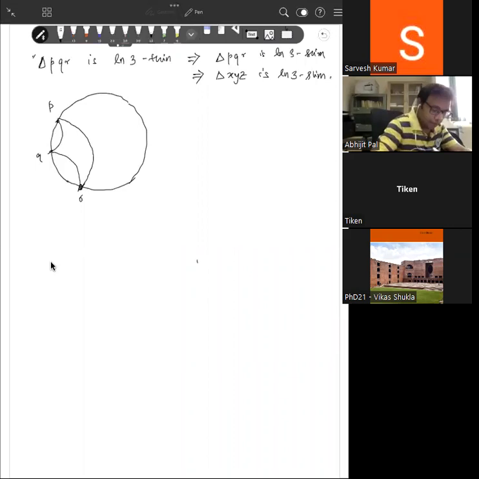Okay. I want to prove that this triangle is log 3 slim. So now we are going to use the property of Mobius transformations. You extended the sides in both directions. You have extended the sides of the triangle.